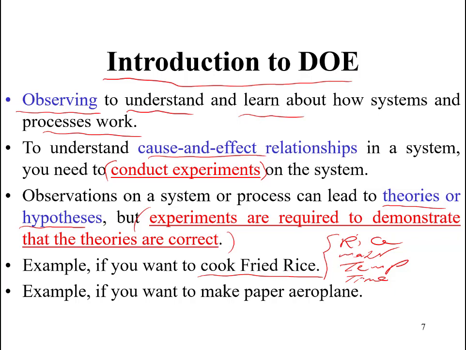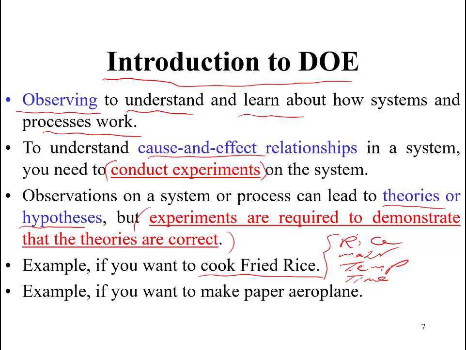All of these are factors. You need to decide about that. Even the size of the pot or pan is another factor. You need to decide about that before you start to cook your fried rice. And each one of these factors can be justified.